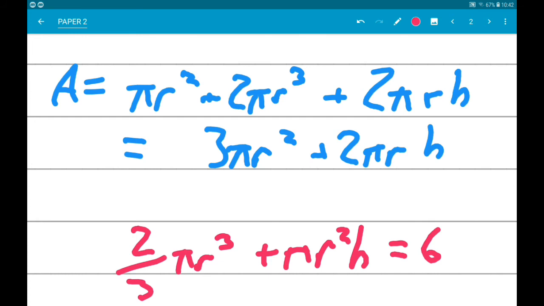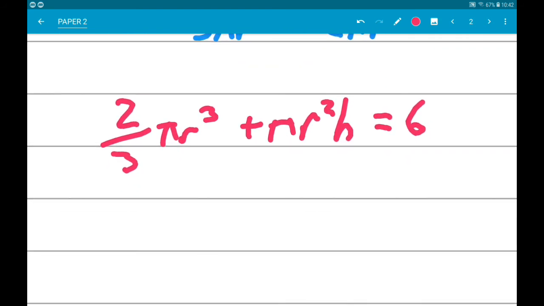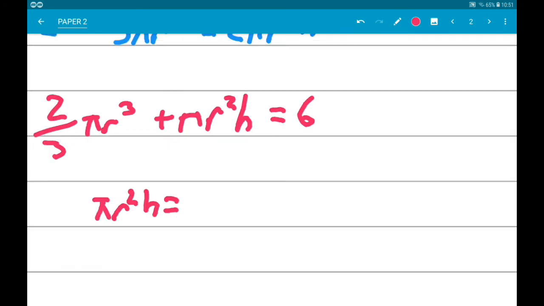So we want to get h on its own. So we can get pi r squared h is 6 minus 2 pi r cubed over 3.